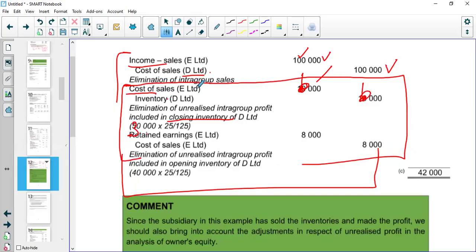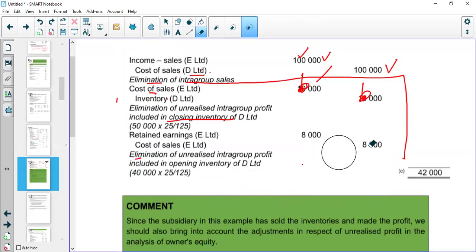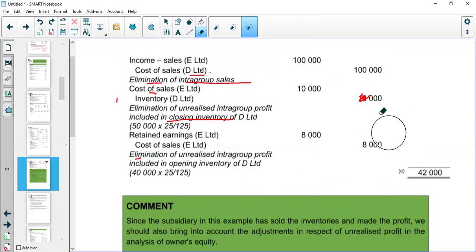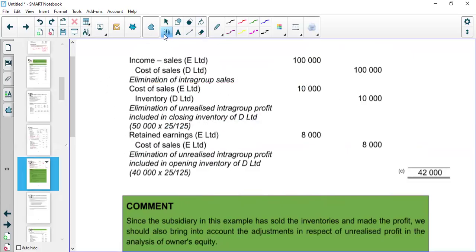Now, I want you to understand that, because when we debit the cost of sales, we are increasing the cost of sales. To increase the cost of sales means we are denying someone their profit. But I said to you, we don't subtract the profit from sales. We actually subtract it by adjusting the cost of sales.